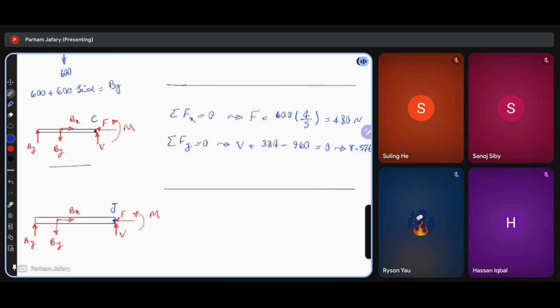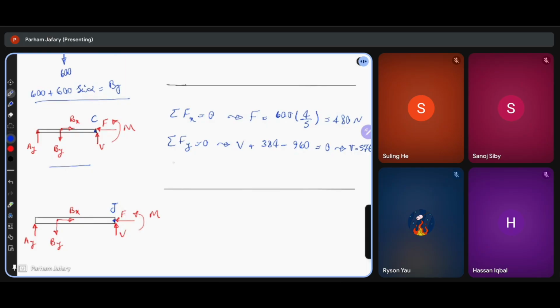Yeah, it's the By component, the summation of 600 plus 600 times sine of alpha. So it's this component, By. Okay.